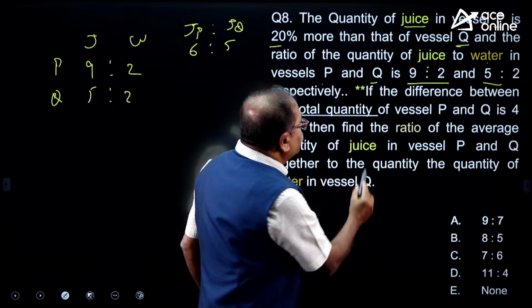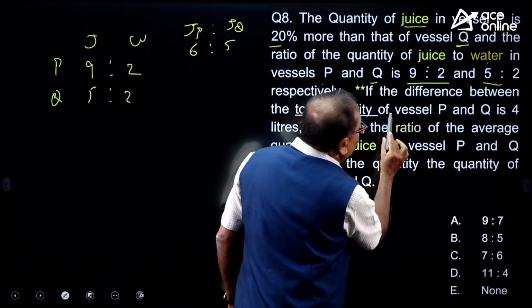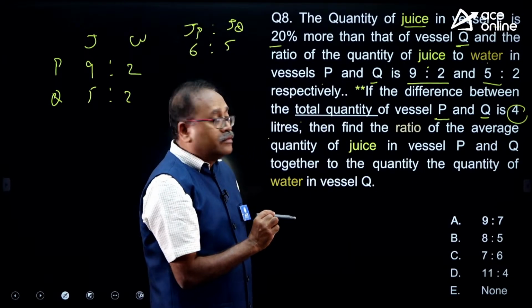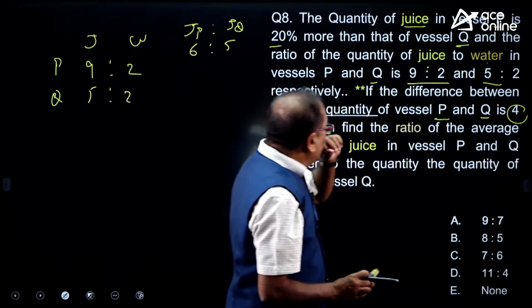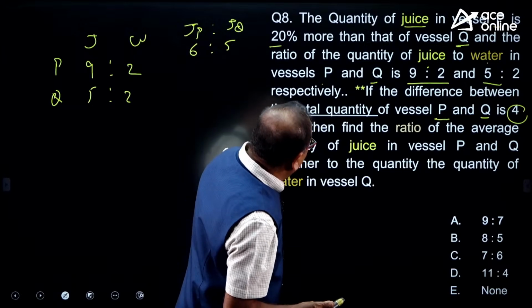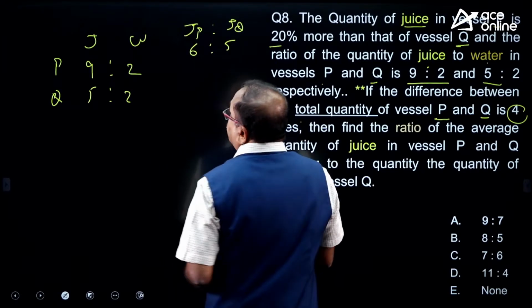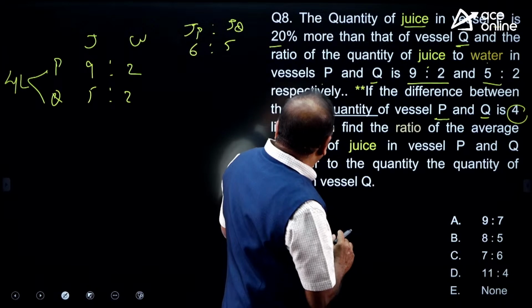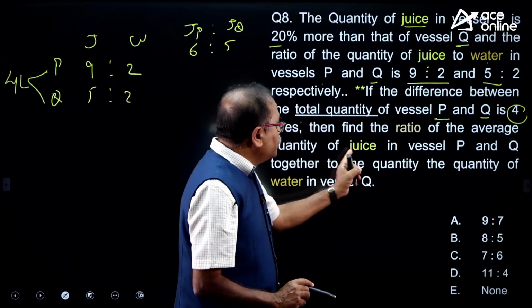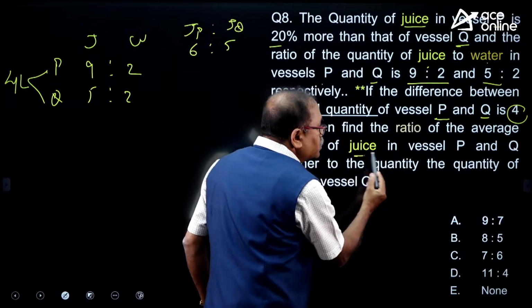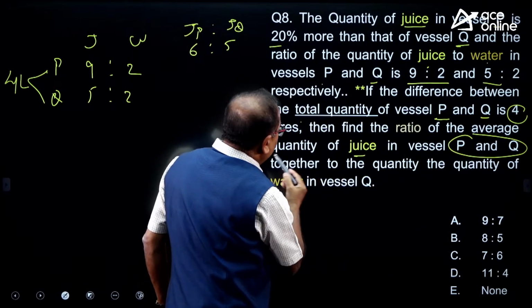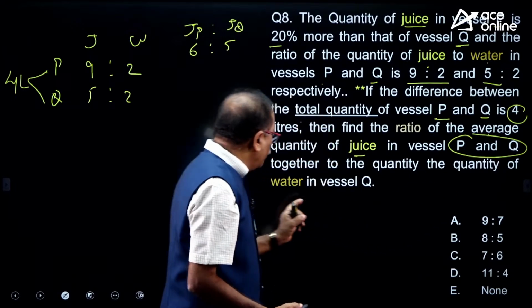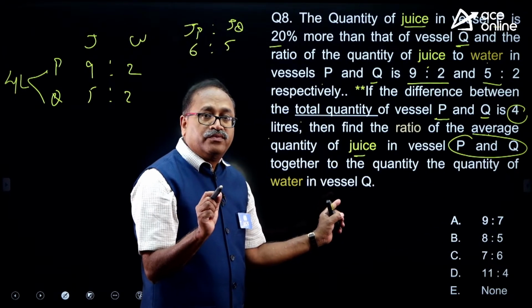Right, my friends, I will read the next one. If the difference between the total quantity of vessel P and Q is 4 liters, then find the ratio of the average quantity of juice in P and Q together to the quantity of water in vessel Q. Come on.